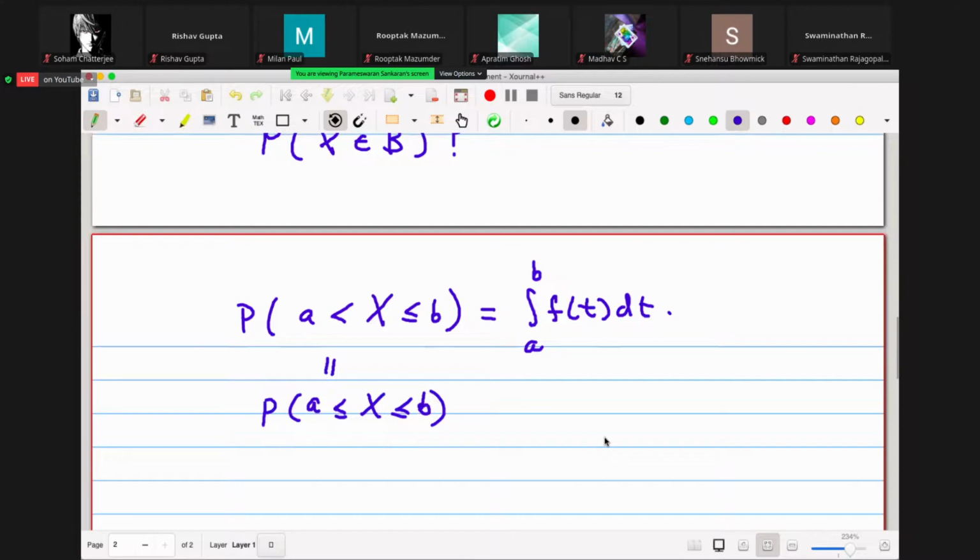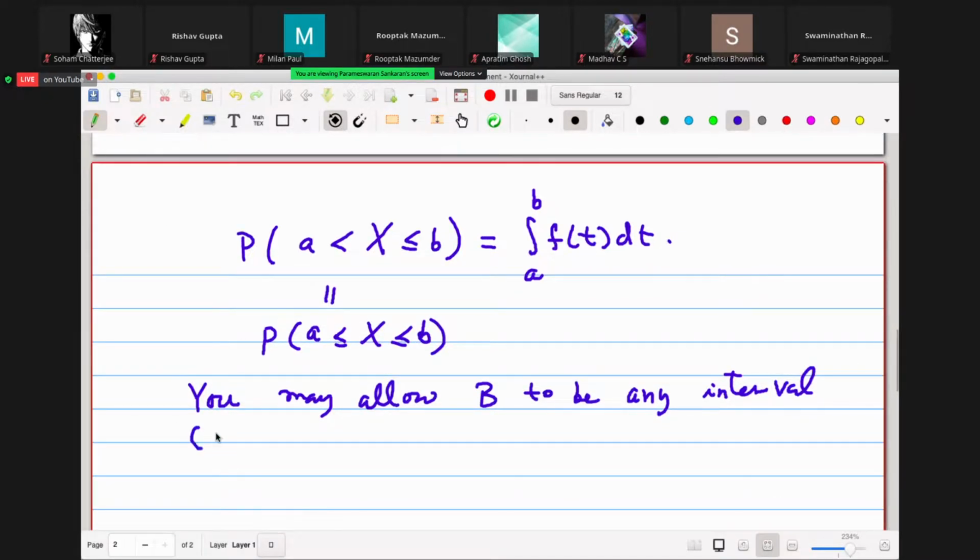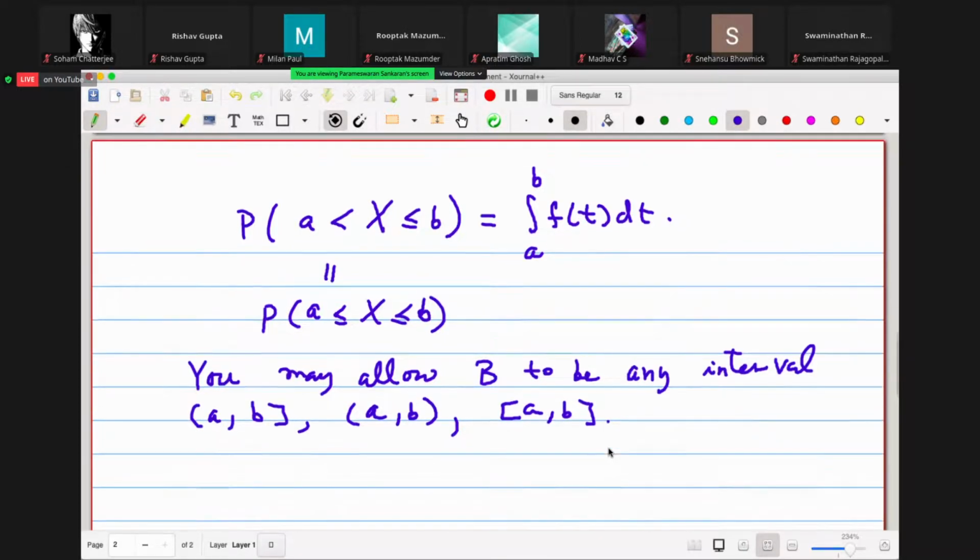So in other words, in your collection, you may allow B to be an interval, any interval. A, B, you can put open or close or whatever. So what does this mean, therefore?